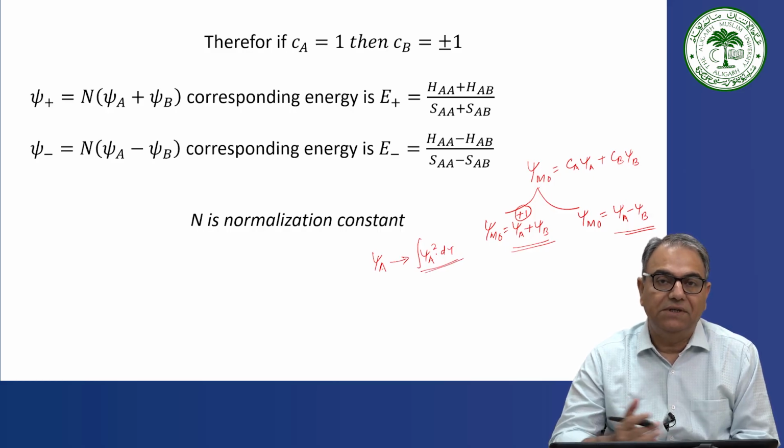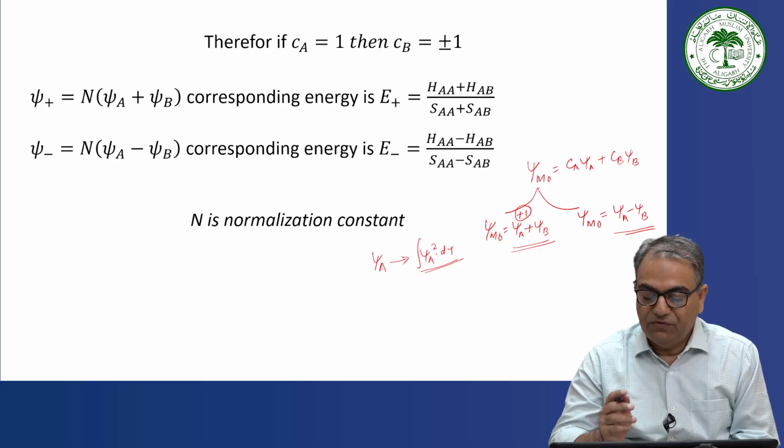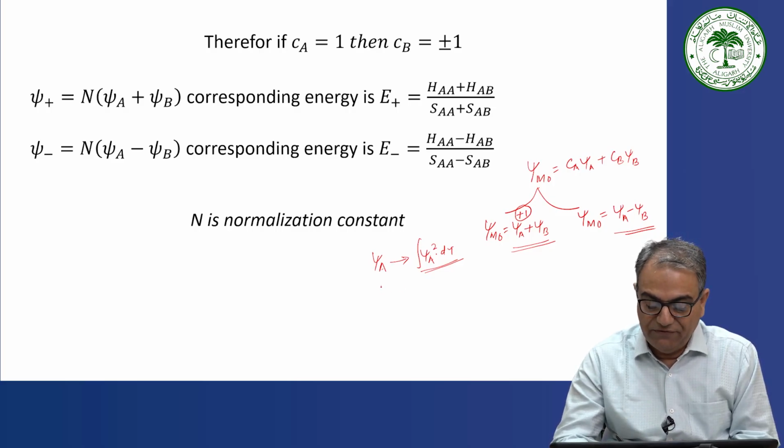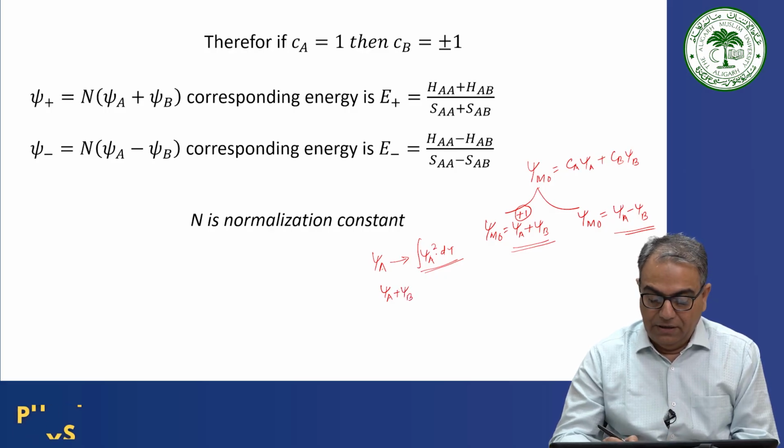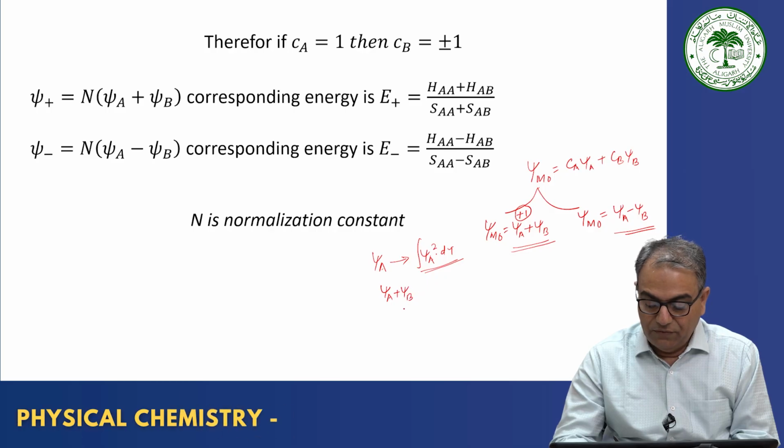Okay. If it is normalized, then it is equal to 1, otherwise it will give you probability. What will happen if you have wave function psi A plus psi B? Okay. And if you want the probability P, then how do you find out? Psi A plus psi B square d tau.